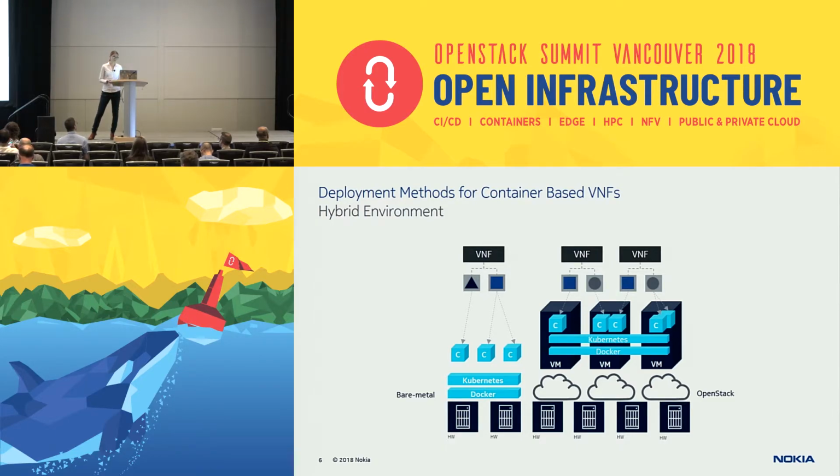So the difference is that in the bare metal case, we run them directly on the host, and in the other case, we run them in virtual machines. But these virtual machines are like hosts to the application. And this is what we refer to as hybrid environment.